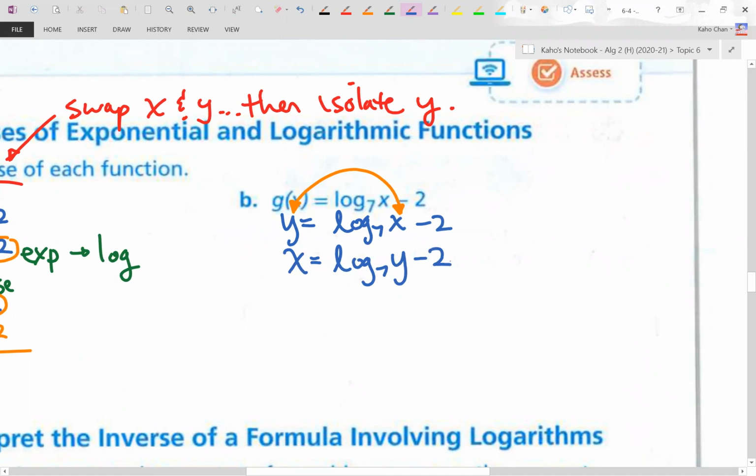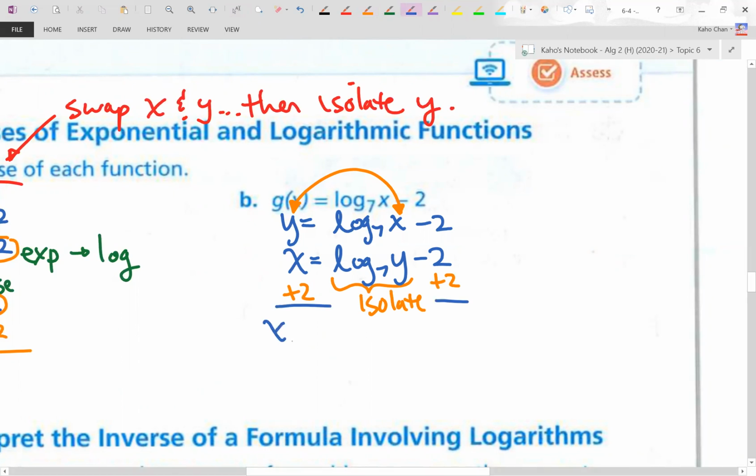Now, here's something I didn't mention earlier. Before I can change it to the other form, you must isolate the log function, okay? So be careful. Right now I have a minus 2 attached to the word log. I want to isolate this first before we convert it to the other form. Let's go ahead and add 2 to both sides.